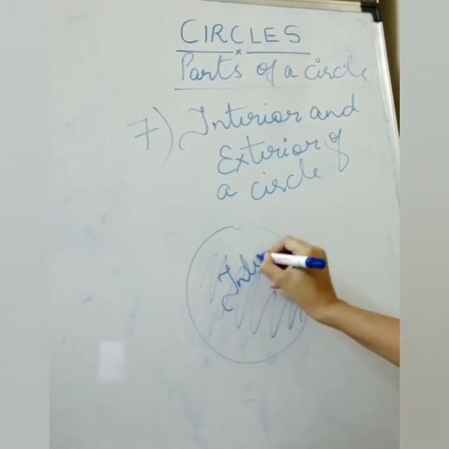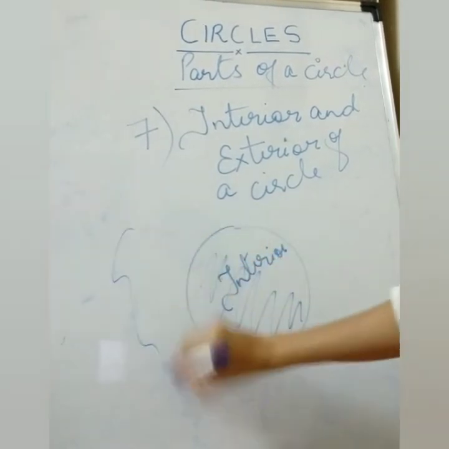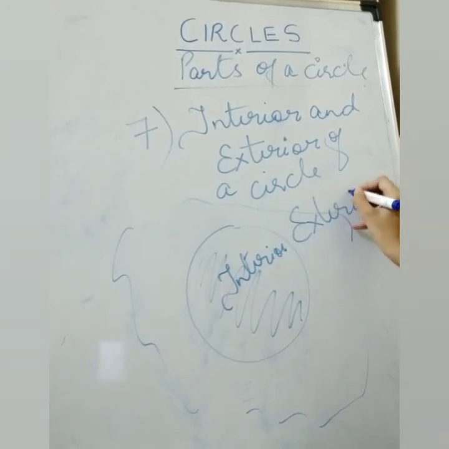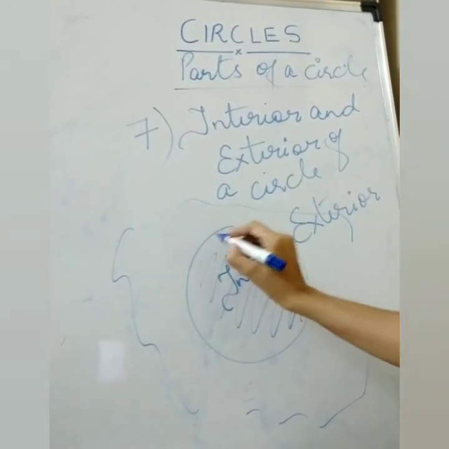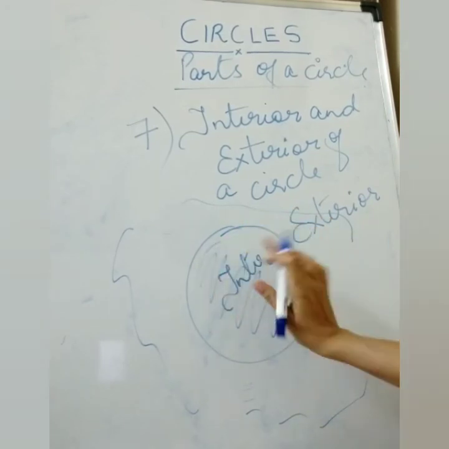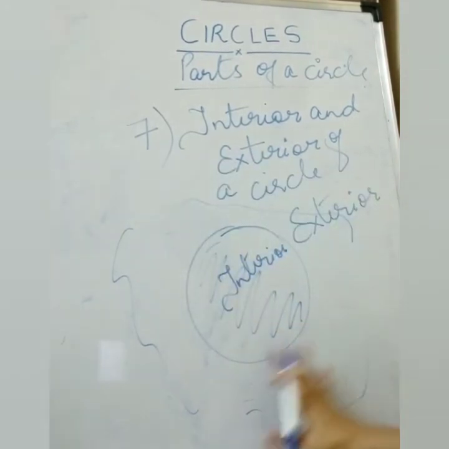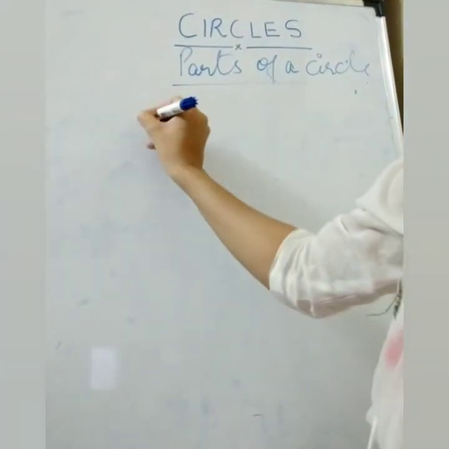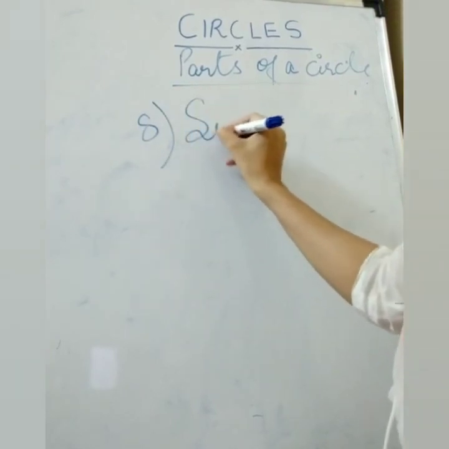This is the interior of the circle, and this part is the exterior of the circle. The part which is inside the circle is the interior, and the part which is outside the circle is the exterior part of the circle.